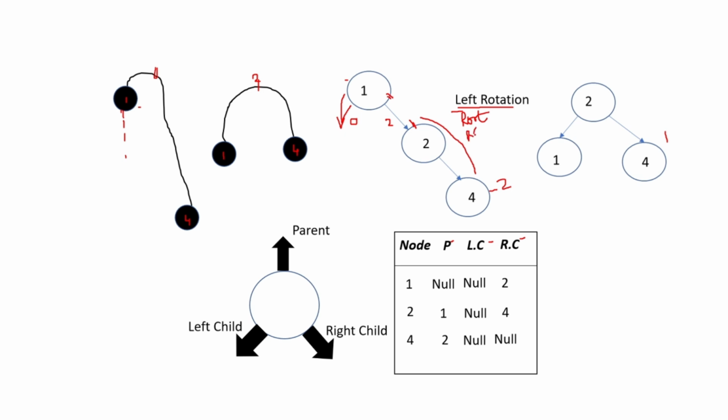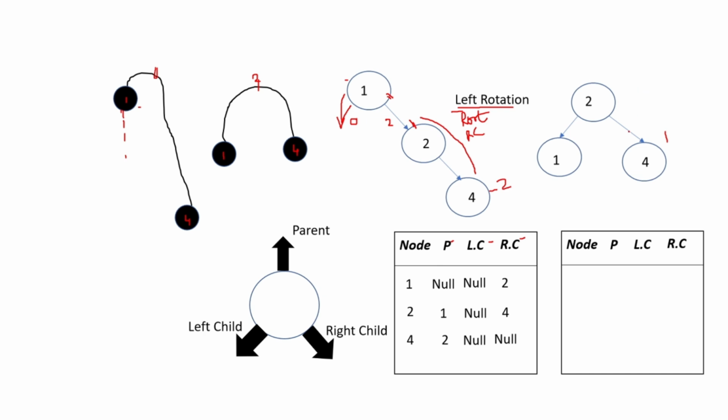So let's look at the pointer values in this case. Node number 1 now has 2 as parent and it becomes a leaf node, therefore no children. Node number 2 now has a parent which is null, the left child is 1 and the right child was 4 and it remains 4.